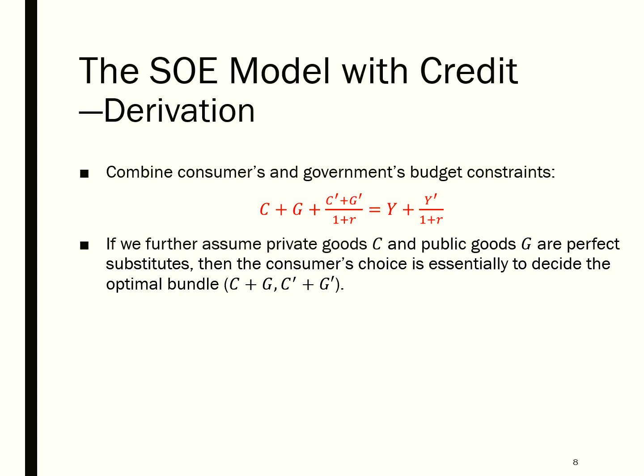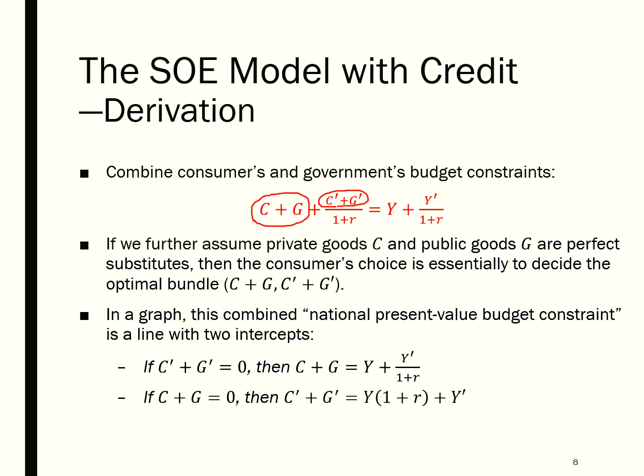If we further assume that the private goods of consumers C and the public goods of the governments G are perfect substitutes, then consumers' choice is essentially to decide the optimal bundle between today and tomorrow's consumption, C plus G and C prime plus G prime. If we draw this combined national present value budget constraint, we can use a trick similar to the individual budget constraints.